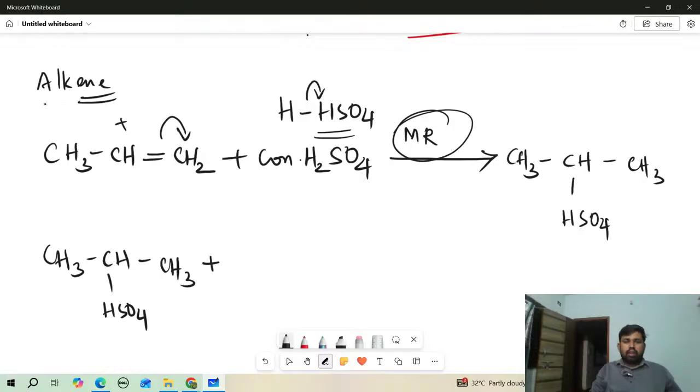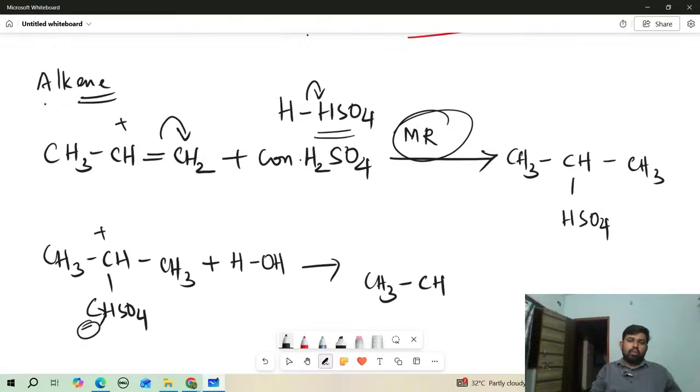So we are adding water. Now, what happens here? This will be shifted here, it will become negative. This will be shifted here, it will become a positive charge. So we can attach here CH3, CH.